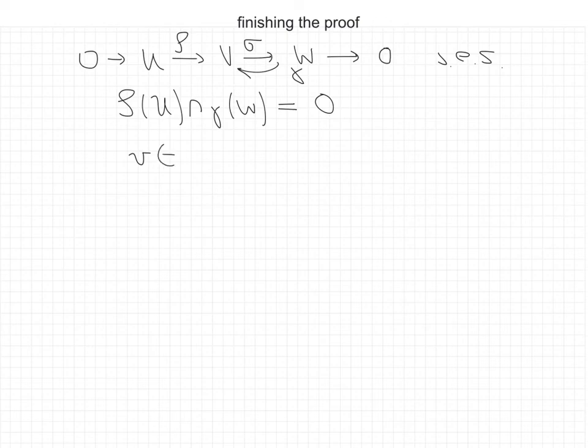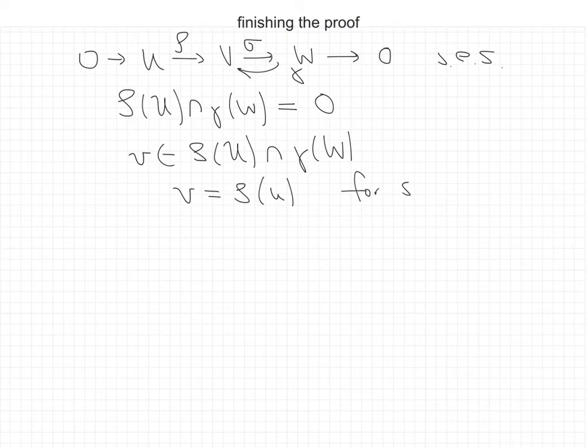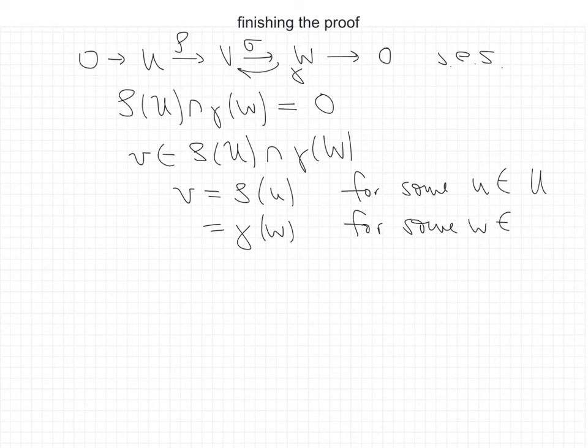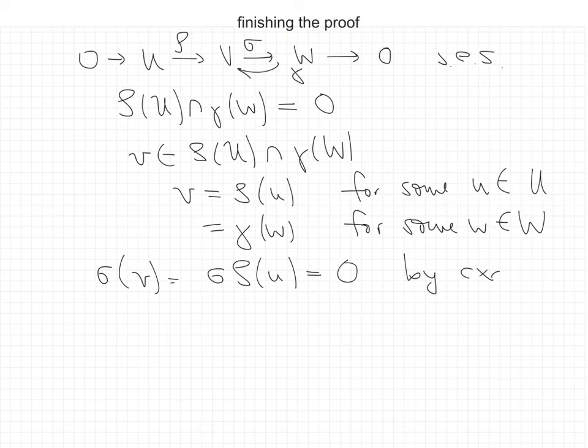So if I pick a v in rho of U intersected with gamma of W, I know I can write that vector on one hand as rho of u for some u in U, and I can also write it as gamma of w for some w in W. Now apply sigma. Sigma of v will be sigma rho of u, but now this will be the 0 vector by exactness of the exact sequence, right?